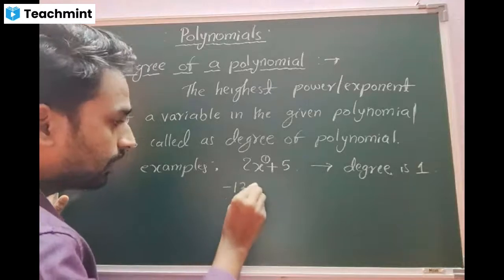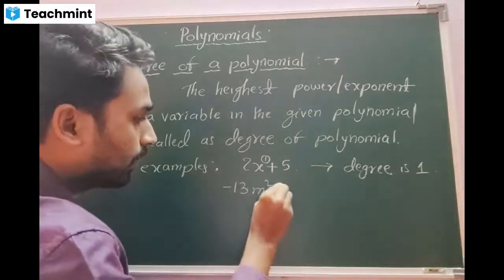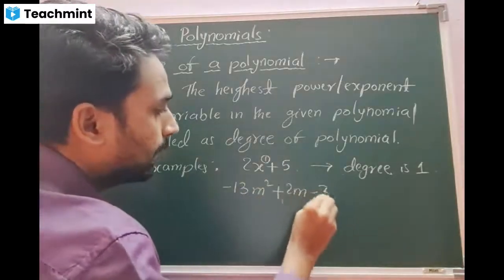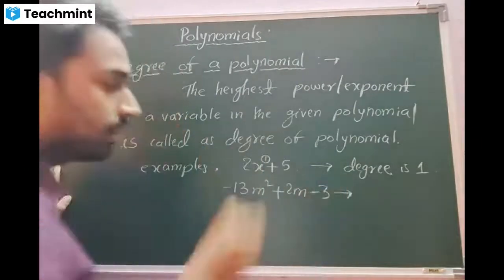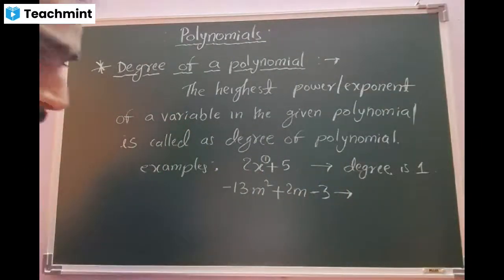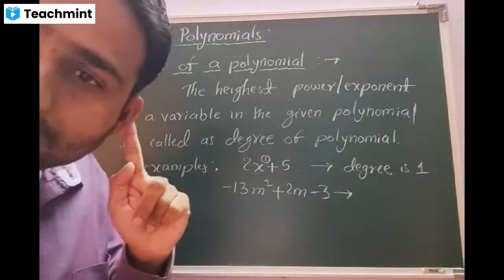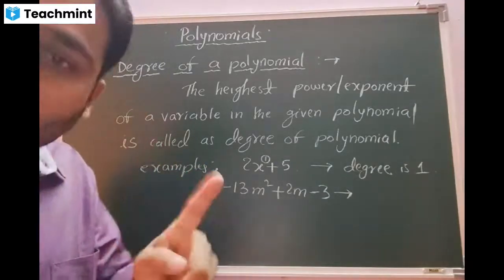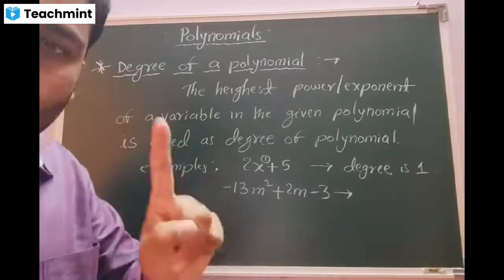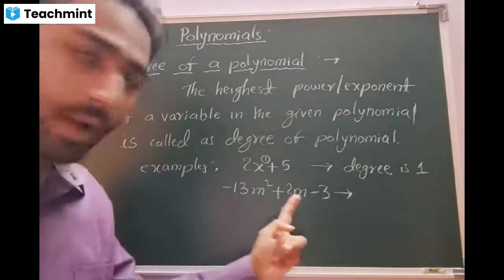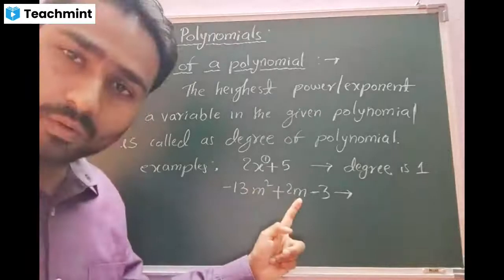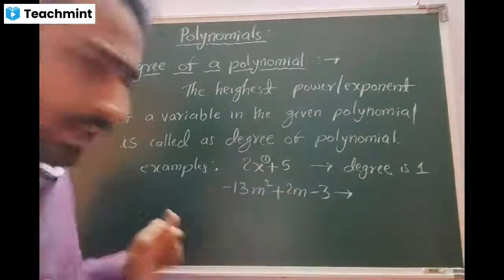Let me write one more. Minus 13 m square plus 2m minus 3. Here, how many variables are there, beta? Sir, one only, sir. M two times. Yeah, beta. Here also one variable, but it is repeating twice, beta. Look at the powers in both the cases.